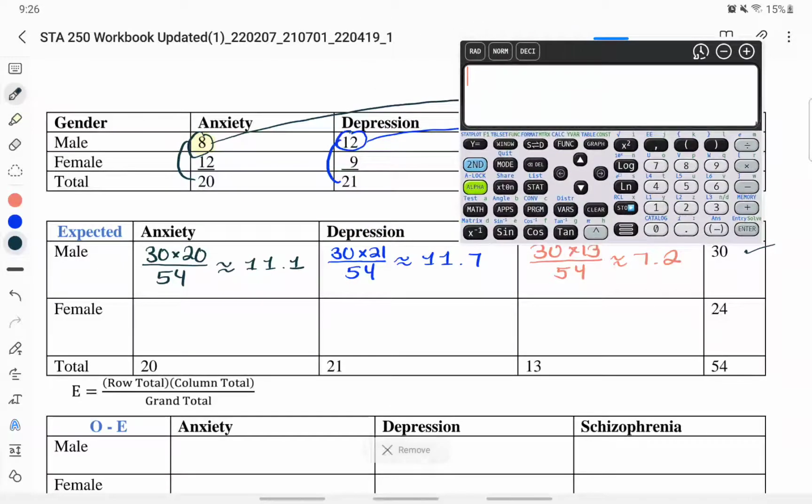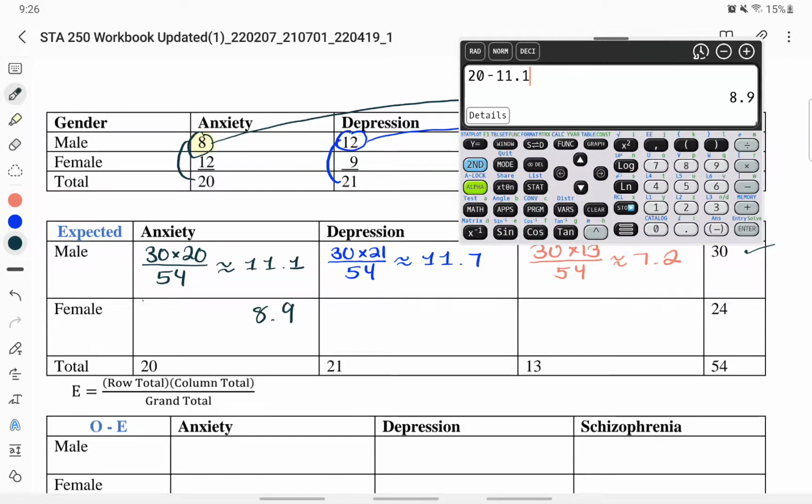Now, remember this. For anxiety, the total is 20, as you can see down here. The expected count is 11.1. So if we do 20, which is the total number of people with anxiety, minus the 11.1, which is the expected for males, that means the expected for females with anxiety is going to be 8.9.